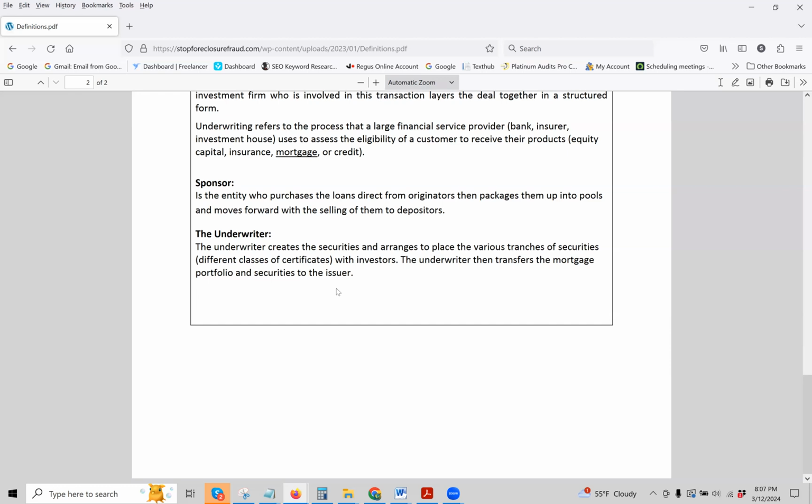Here it says the underwriter creates the securities and arranges to place the various tranches of securities, different classes of certificates, with investors. The underwriter then transfers the mortgage portfolio and securities to the issuer. So here is a situation where you have underwriters that are actually underwriting the securities itself, and creating the securities and arranging to place the various tranches of securities.